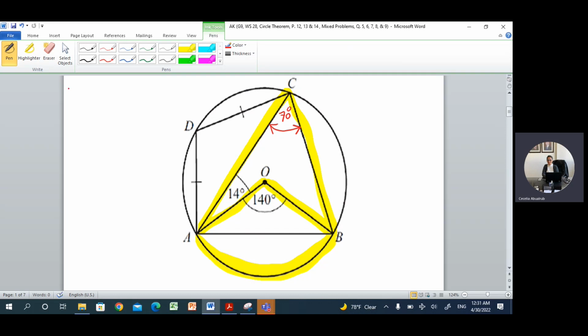And I highly recommend that as you're finding angles, you write it down so that you don't forget the steps of finding the angle.